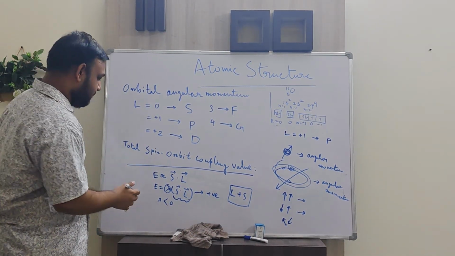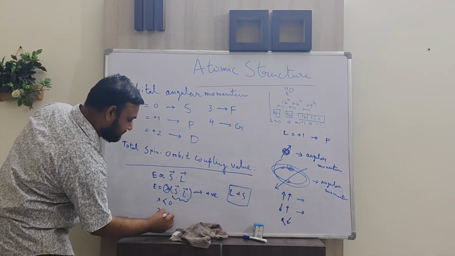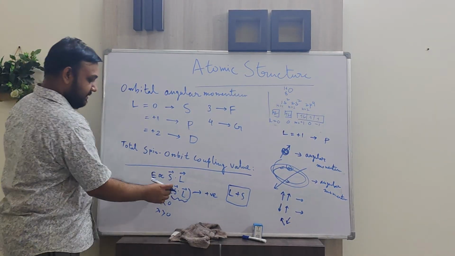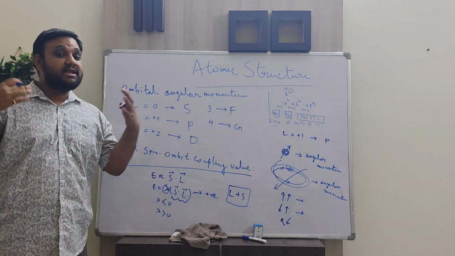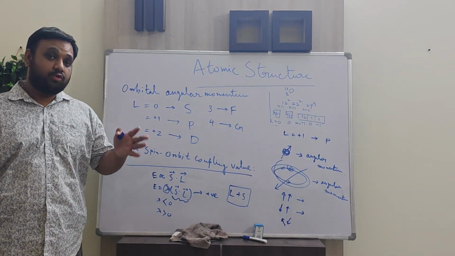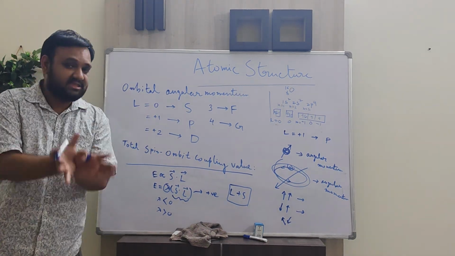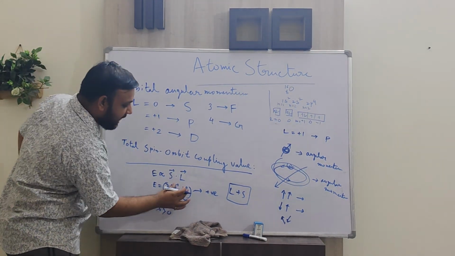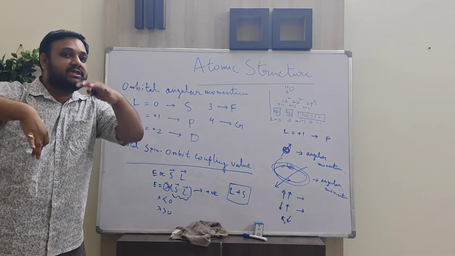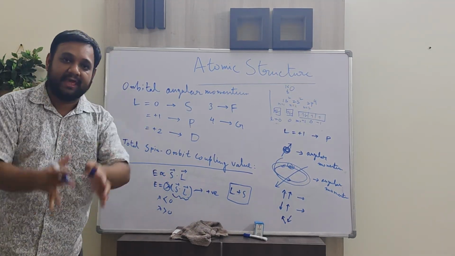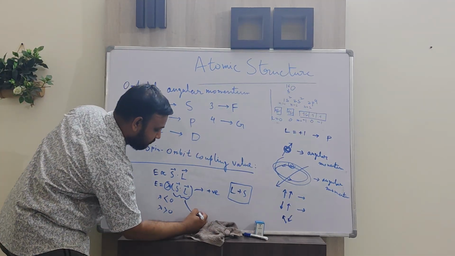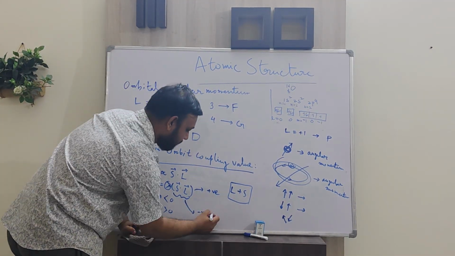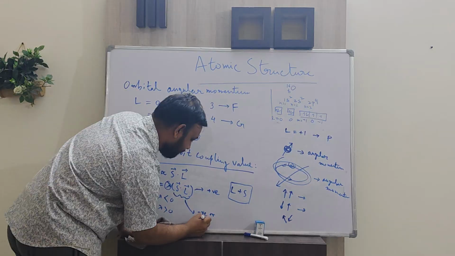Also, if lambda is greater than 0, the coefficient is positive, but the total energy of the system has to be as minimal as possible. So this coupling has to be opposite to make the total energy less, to minimize the energy. That's why this coupling value has to be negative or minimal.